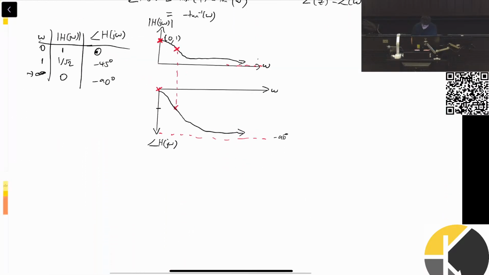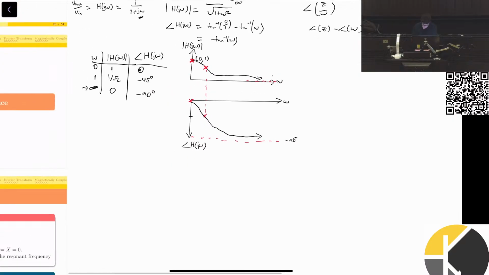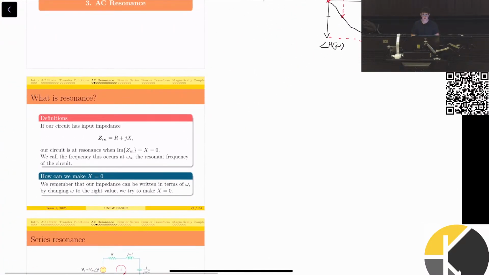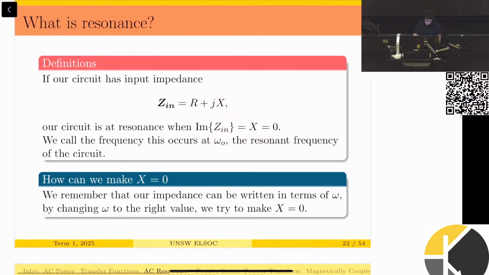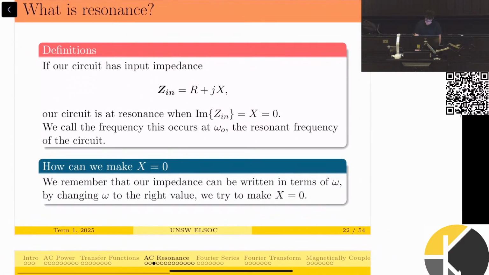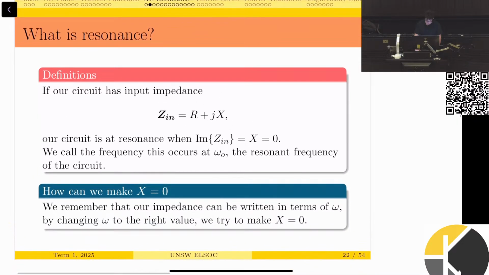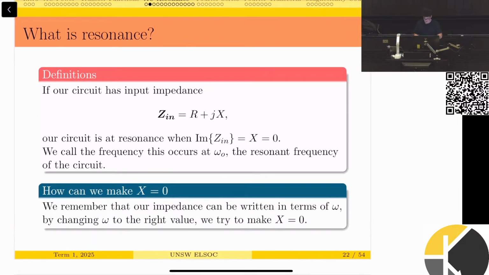Yeah, okay. Let's move on. Any questions? All right. Okay. Resonance. Now this is a bit of an annoying topic, but we will get onto it. It's very mathsy a lot of the time, and you want to be very careful.